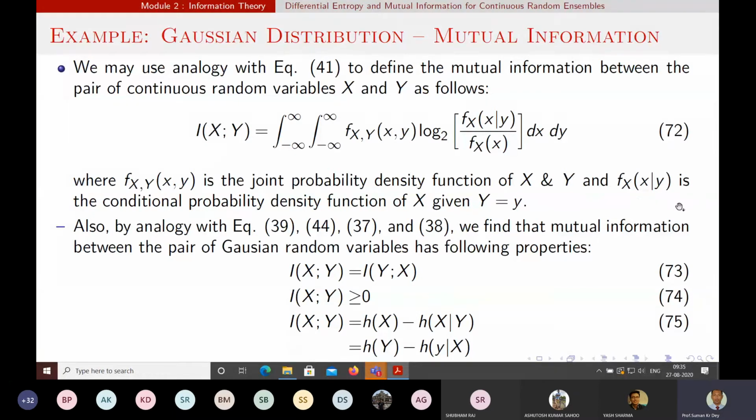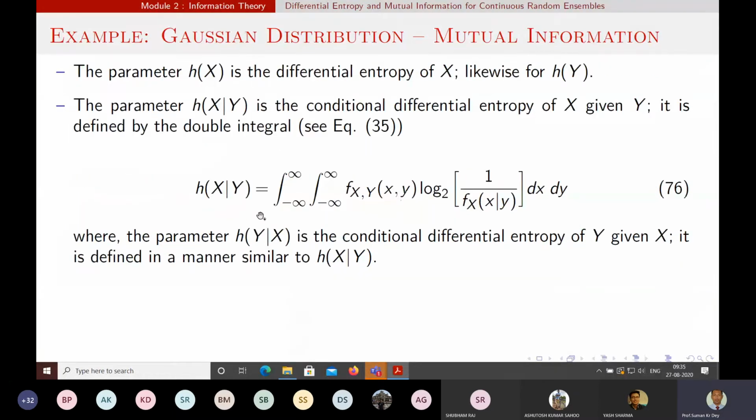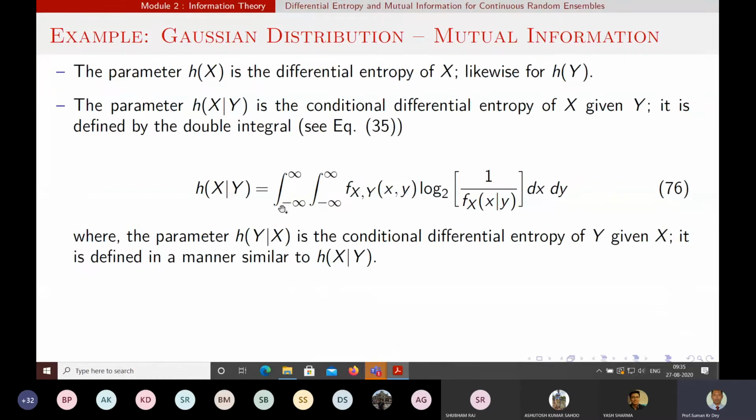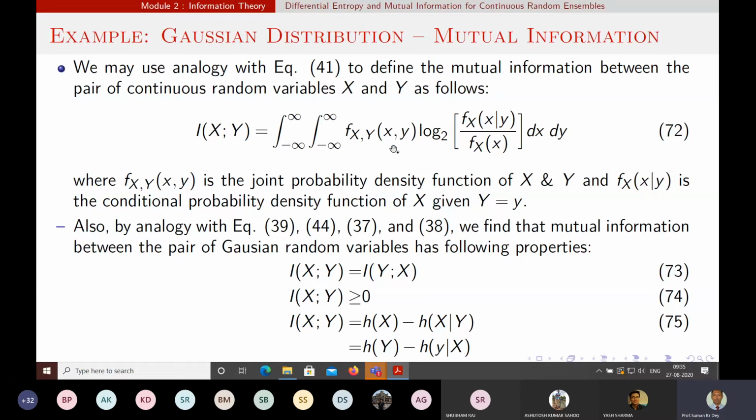Okay, so in this equation we are calculating for the conditional probability density function. Now if we want to find the entropy for the joint probability density function, you can do it by replacing this term. In that case, how do we get the expression h of x comma y? Okay, so basically it will come as this. Is there any doubt? I have simply put that value over there.